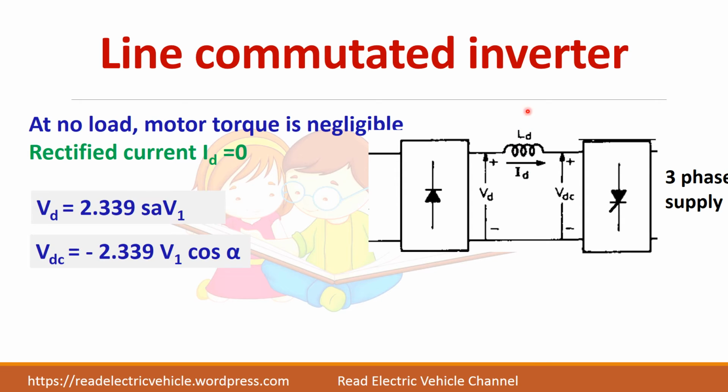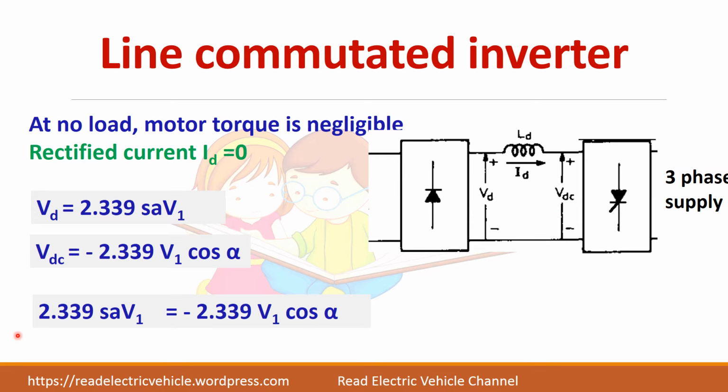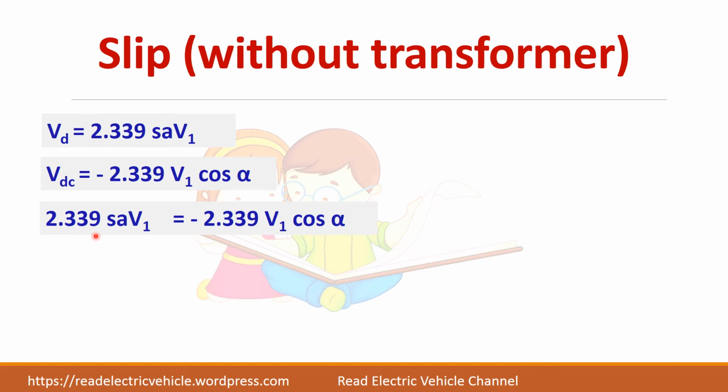If ID is 0, this voltage is equal to this voltage. So equate it and simplify it. You will get the slip value as S is equal to minus 1 by A cos alpha. So here we have not considered the transformer.